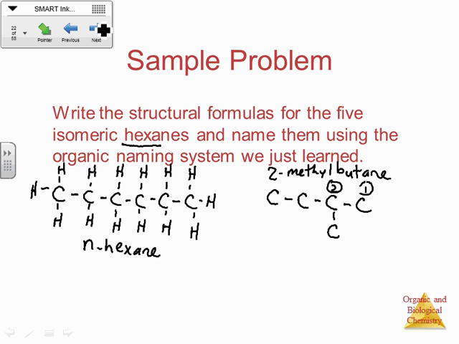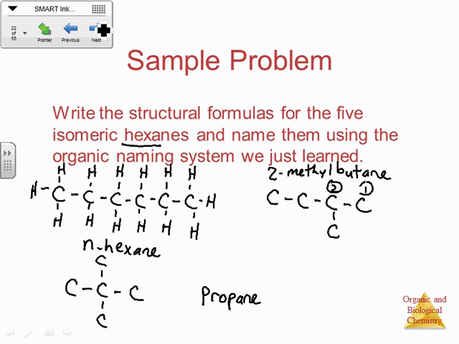Another possibility here is you could have a 3-carbon chain, and you could have 2 carbons coming off of the central one. Okay, and so that's the way that we would name that one. The longest chain is going to be 3 on that one, so that's going to be propane.